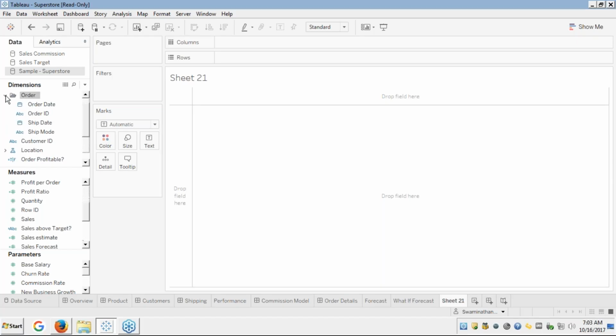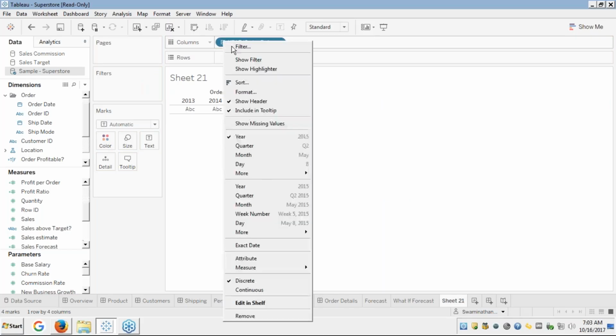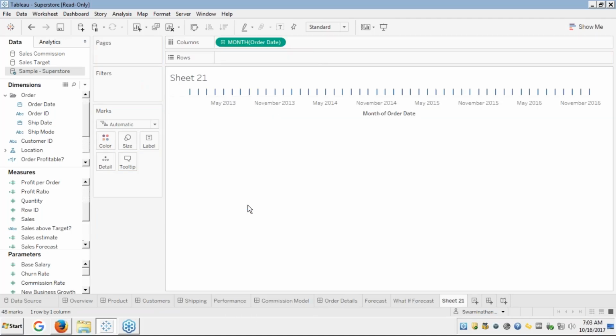The order folder is available here. Let's see if order date is there. Yes, it is available. I'm first taking the order date, and I want to make it continuous, so that I see it at the month level of the order date.